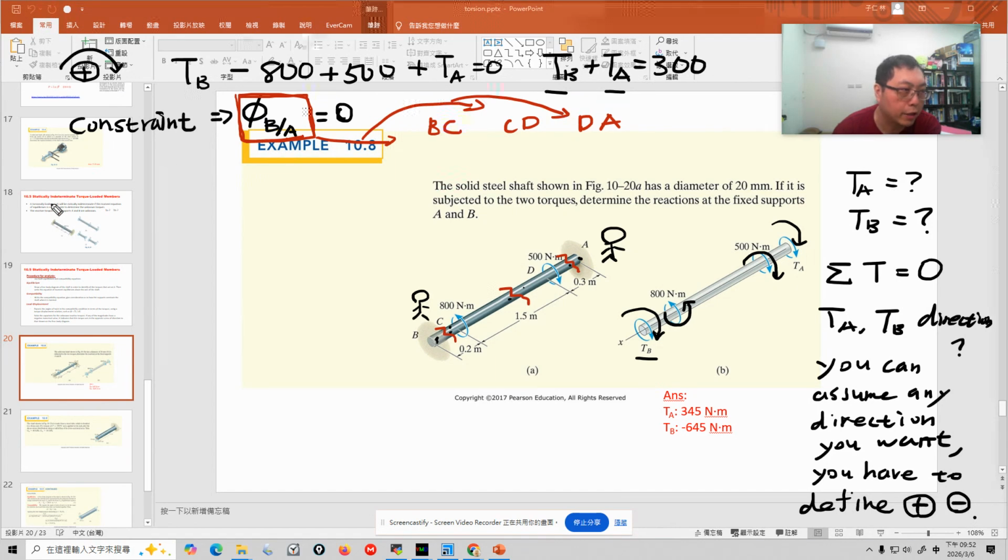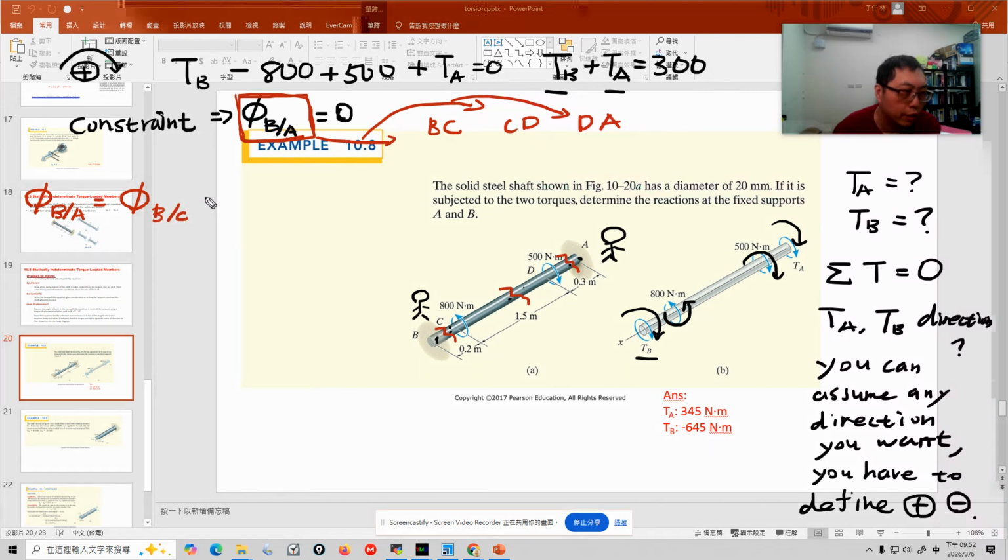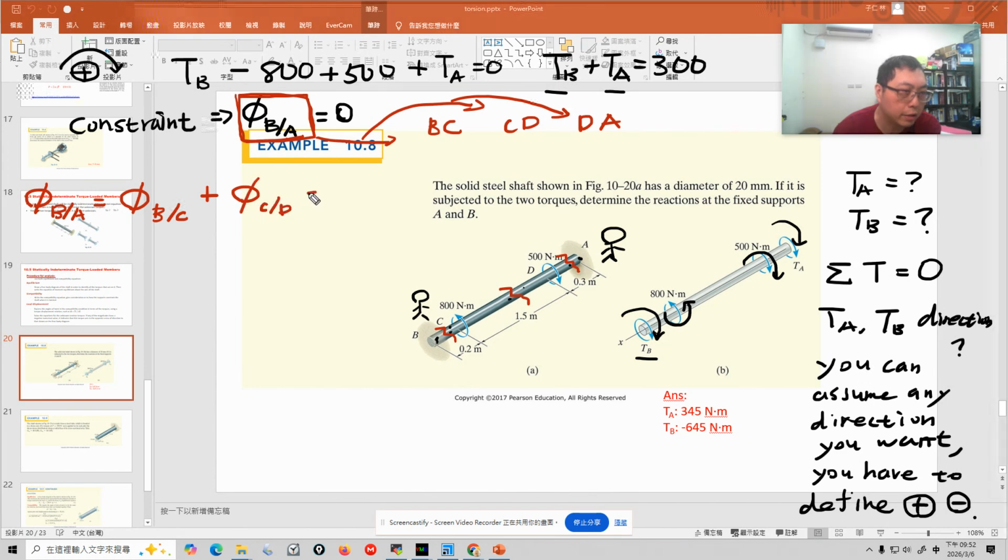We can write the equation: the total phi BA is equal to the angle of twist of B looking at C, plus C looking at D, plus D looking at A. I think that is the most important part of this problem: the angle of twist from B to A is equal to the linear combination of these three sections.